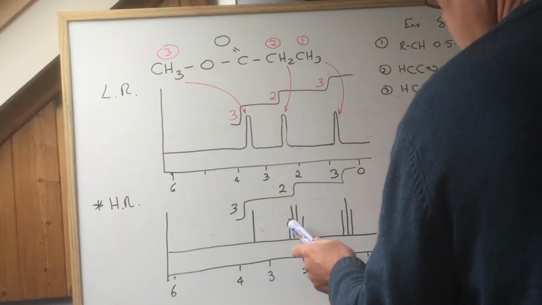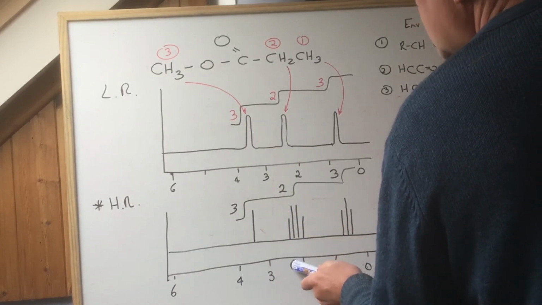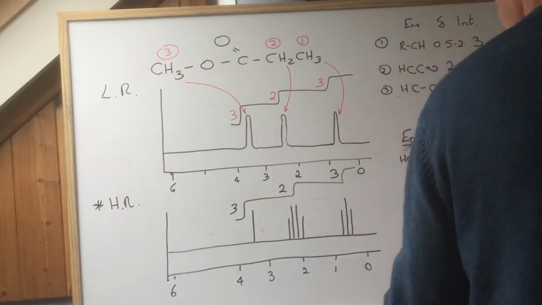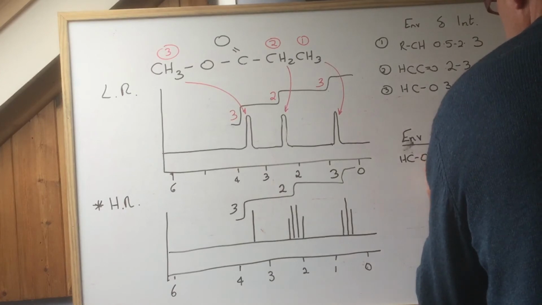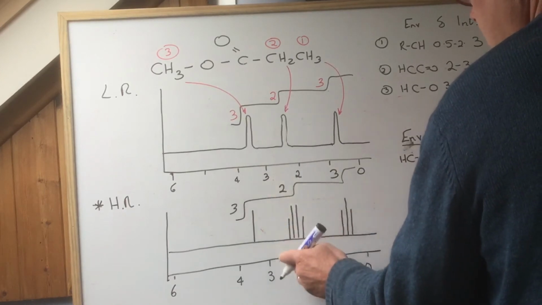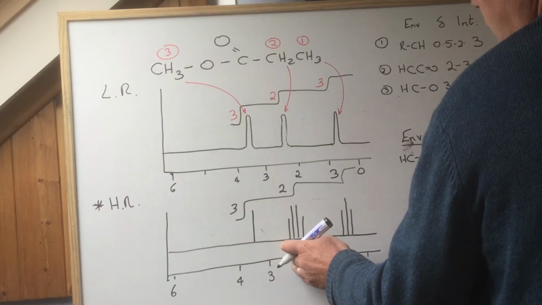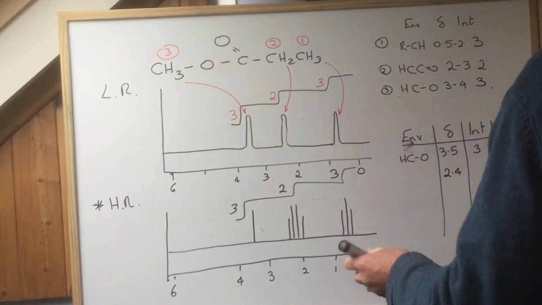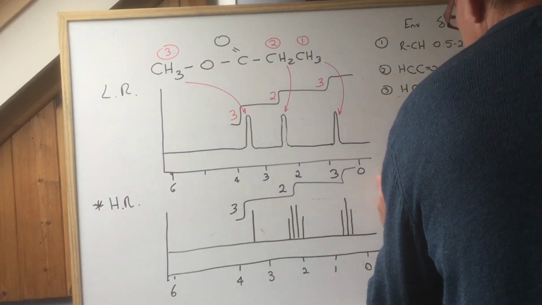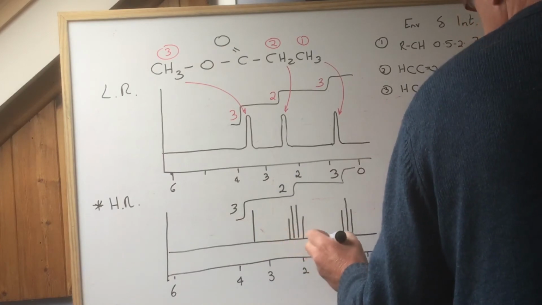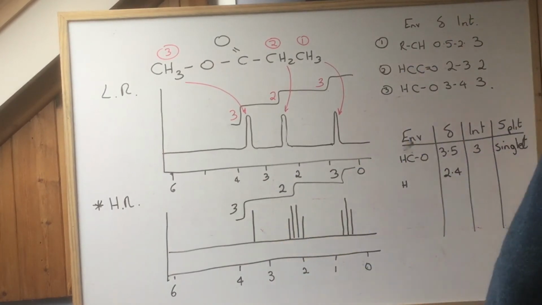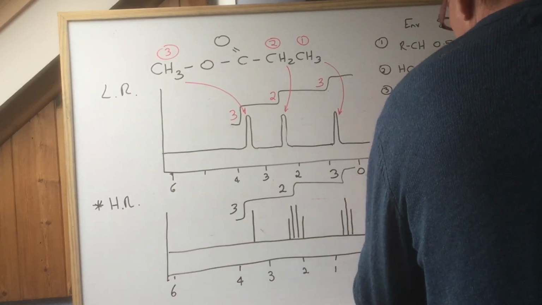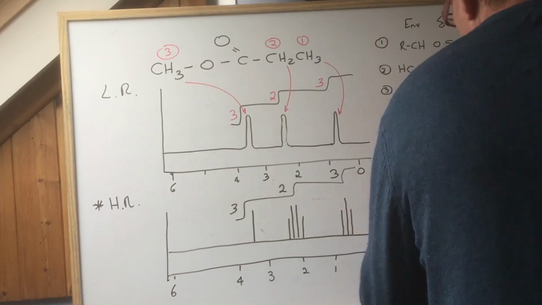So between 2 and 3, but it's centered on about 2.4, midway, nearest whatever, and then it's H. So 2.4, you look at your table in the exam, and it's HCC double bond O. Possibly.